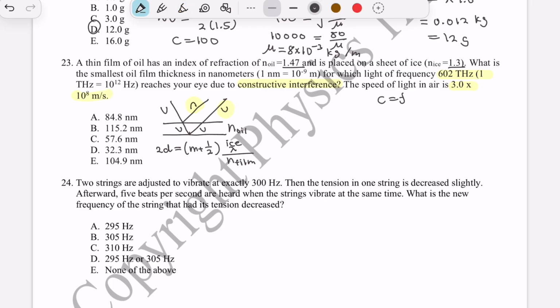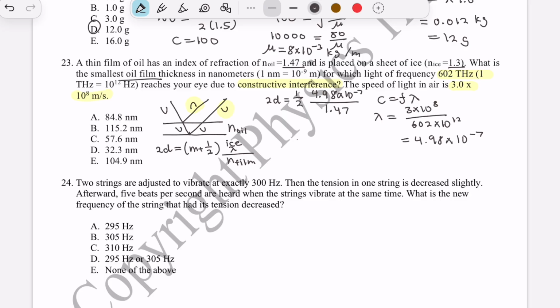So c equals frequency times wavelength. The wavelength is 3 times 10 to the 8 divided by 602 times 10 to the 12 hertz, which is 4.98 times 10 to the negative 7. Now I can plug my wavelength into the equation. 2d equals, m is just going to be 0, so 1 half, times 4.98 times 10 to the negative 7 over n of the film, which is an oil film, so 1.47.